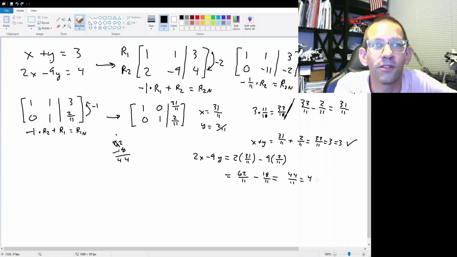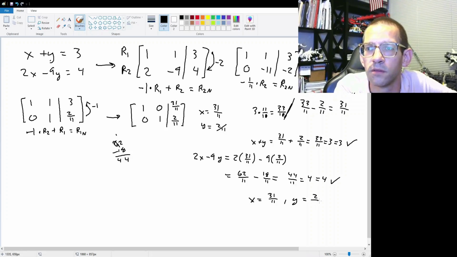And then our original second equation was 4. So this is good. And so we've shown that x is equal to 31 over 11, and that y is equal to 2 divided by 11 in the system of equations.